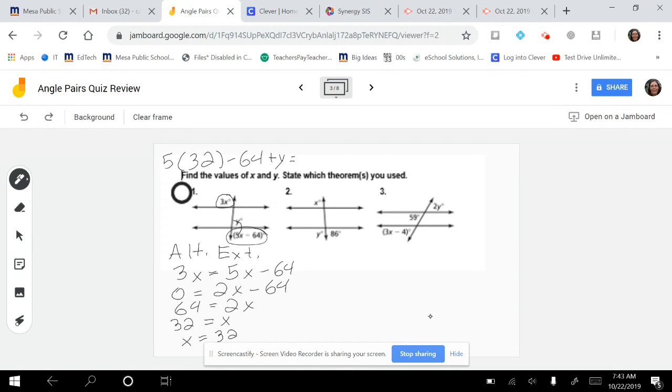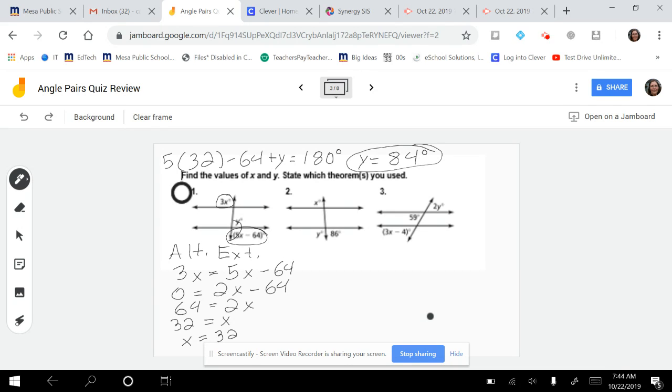Just notice they are a linear pair. They're next to each other, so it is equal to 180. I go ahead and solve that. I just want to have room, everybody. So y is equal to 84 degrees.